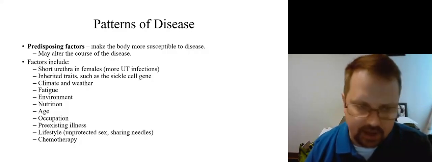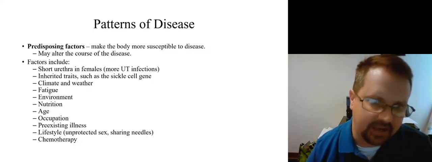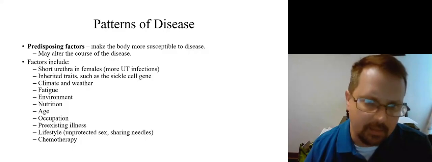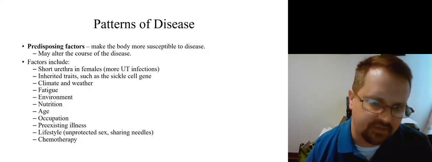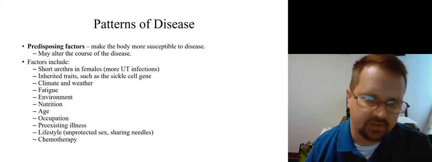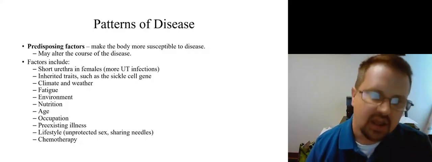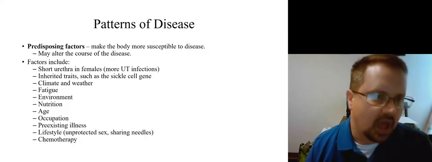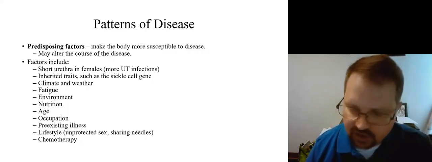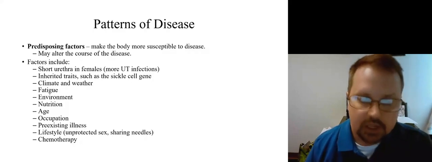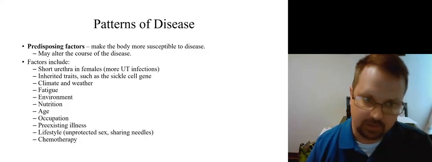Males have longer urethras because the urethra passes through the penis, and also in men, the penis is separate from the rectum, whereas you have the vulva with the urethra, vagina, and all in there nearby the rectum. Inherited traits like a sickle cell gene can make you immune to malaria, give you resistance to malaria.